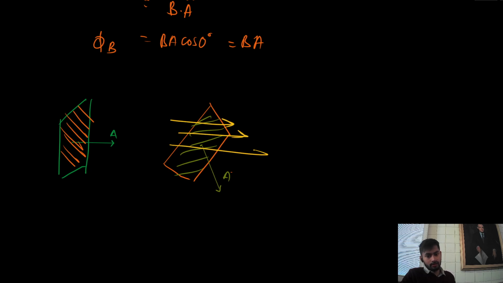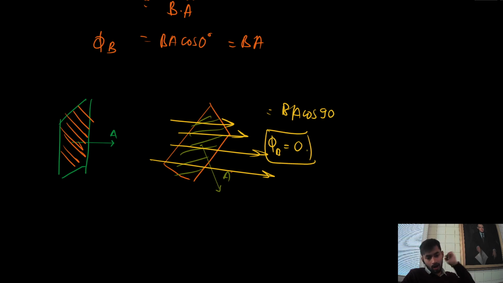the magnetic field is in this direction, then at first glance it might look like, hey, this is perpendicular to the field, but no. The problem with this equation is, since we mentioned that the area vector is coming outwards and the magnetic field is going in the x to y direction, but the area vector is coming from, say, the y to z direction, these are perpendicular, which means BA would be cos 90, because we are looking in terms of not the surface itself but the vector, and phi B would be 0.